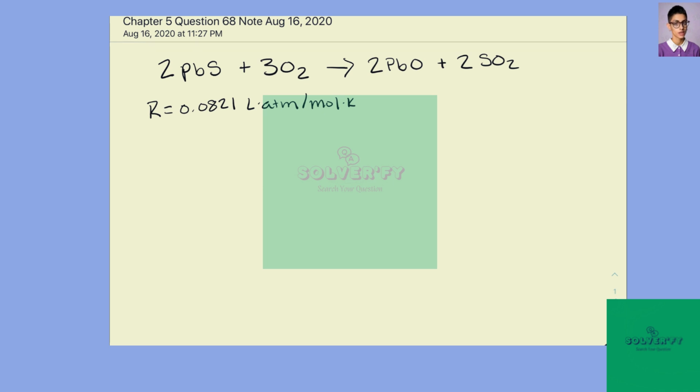So one of the first unknowns that they give us is the mass of PbS. So our mass of PbS is equal to 3.75 kilograms. Another way to put this is 3.75 times 10 to the 3 grams, just so that way we have everything in grams, our standard basic measurements and units.